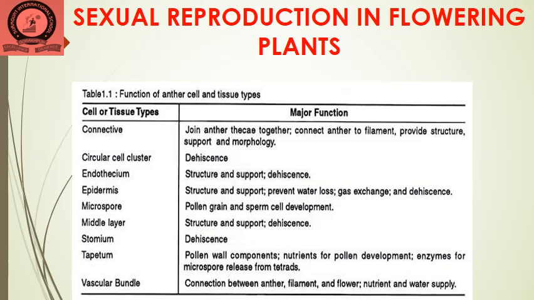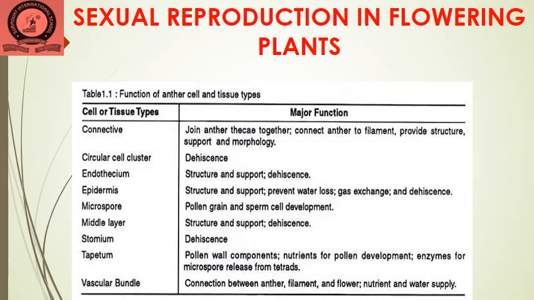Here is a quick review of the important functions of different cells and tissues. You can clearly see this: the connective joins the anther and connects the anther to the filament, and provides structure and support. Next, the circular cell cluster helps in dehiscence.